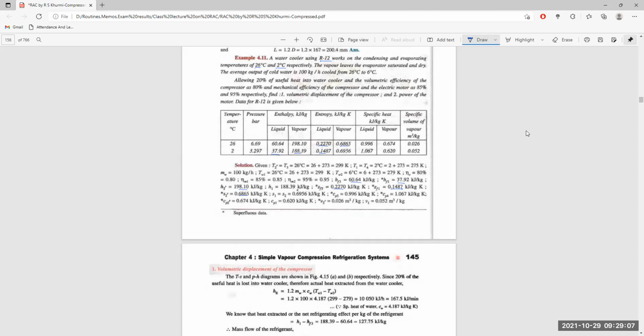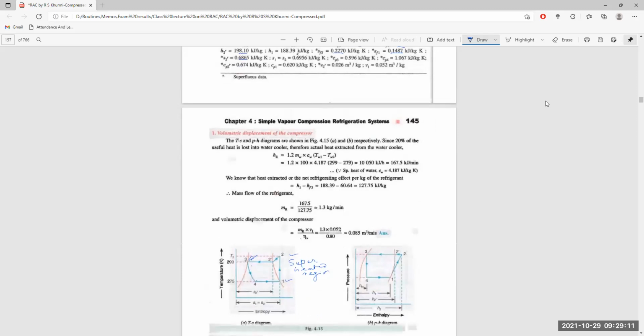Next, S1 is supposed to be equal to S2 because we are going through an isentropic process. So 1 to 2 is an isentropic process. The entropy remains constant from 1 to 2, as there is no heat transfer or leakage through this pipe.